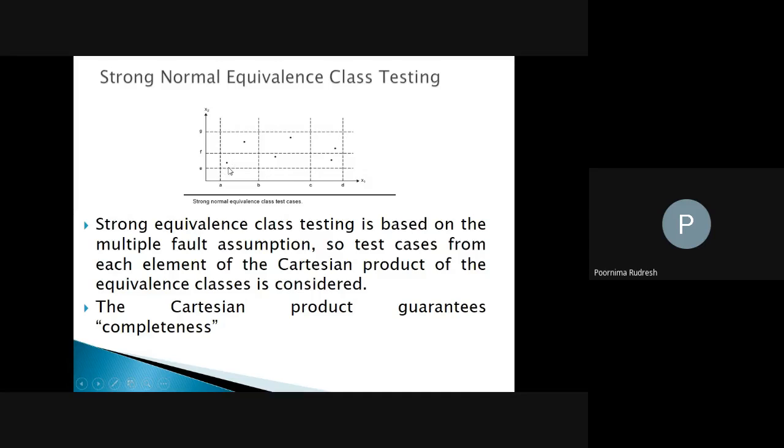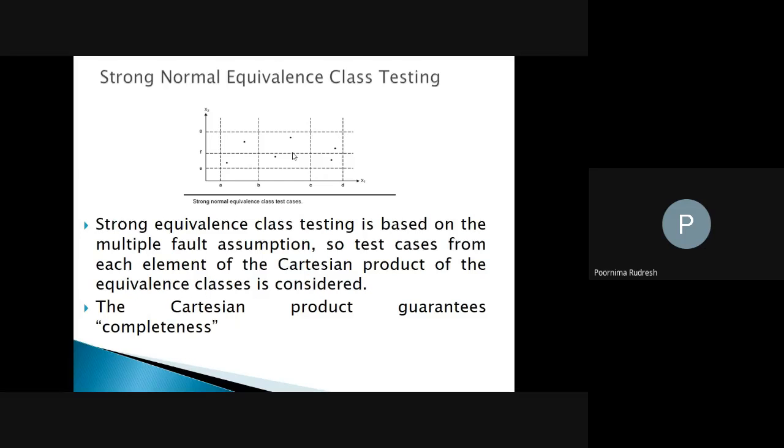If we consider this as one element of the Cartesian product, this is another element, this is one more like this. How many elements do we have? 6 elements of the Cartesian product. So we are considering each element of the Cartesian product of the equivalence classes, and we are using it for the strong normal equivalence class testing. When we choose the elements from the Cartesian product, it assures the completeness.